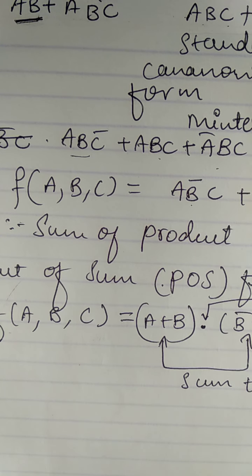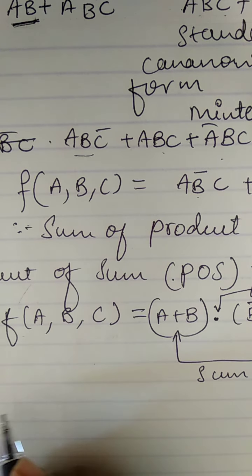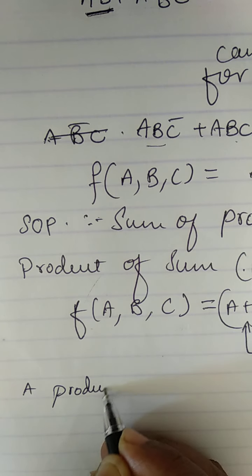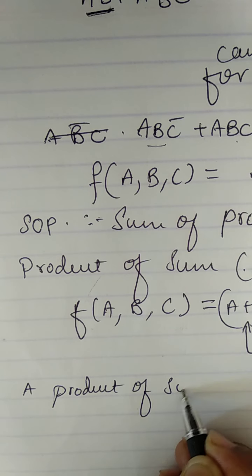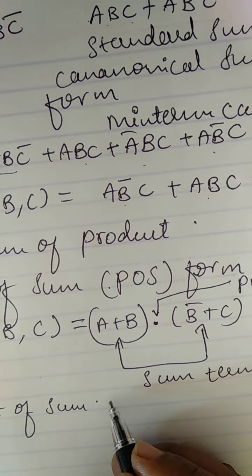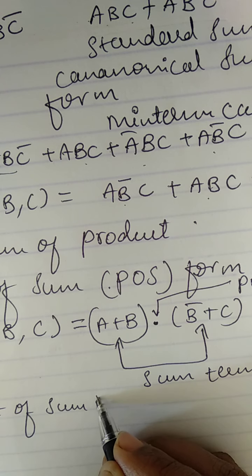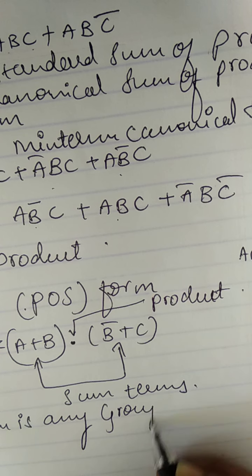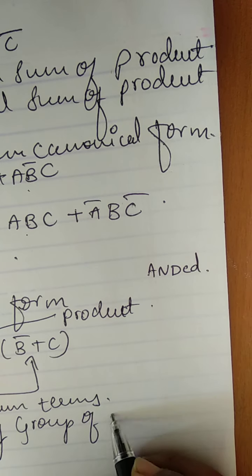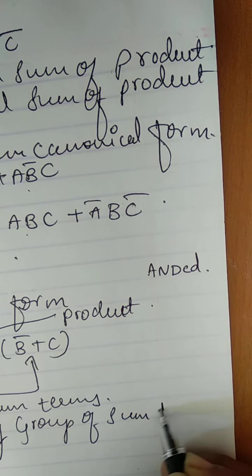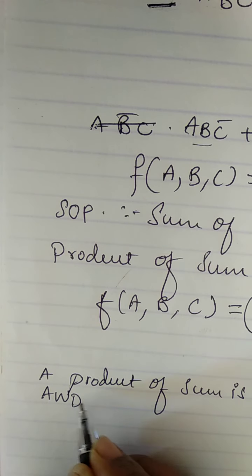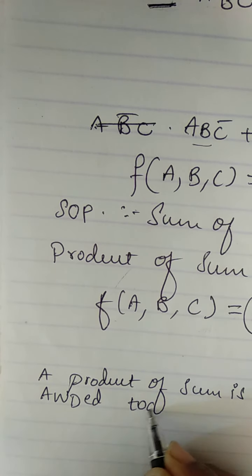So what is product of sum? A product of sum is any group of sum terms ANDed together, with an AND operation.